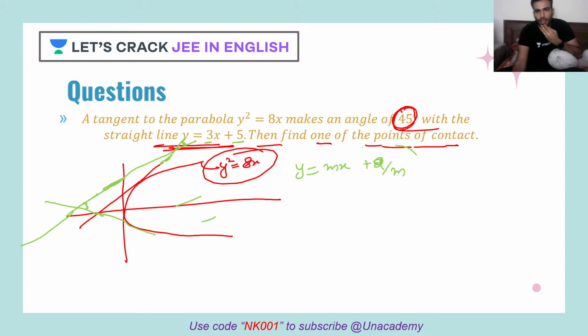So 2 by m. If I know the value of m, my entire question is known to me. Once it is known, I can convert m directly into the parameter, because I know the conversion between the slope and the parameter. The moment I get the parameter, I can directly find the point of contact. So that's how it clicked my mind.